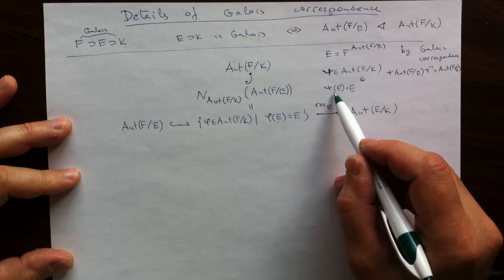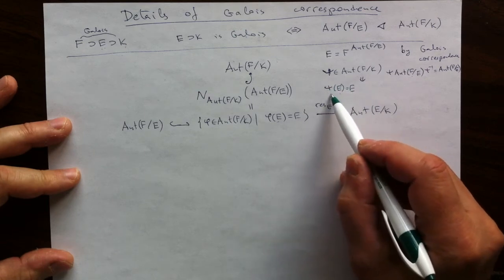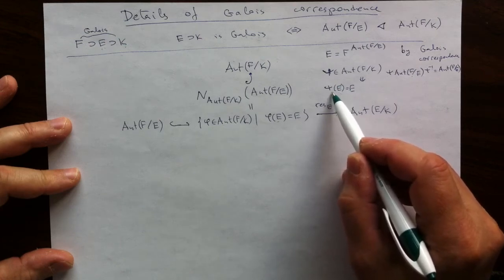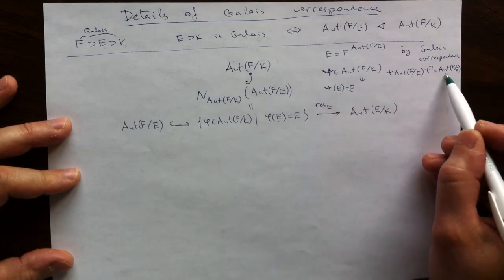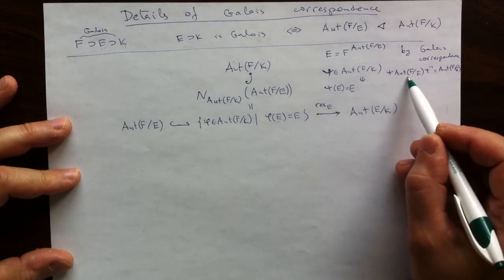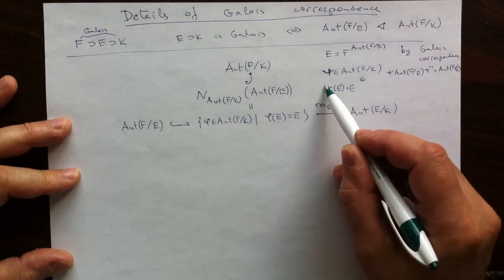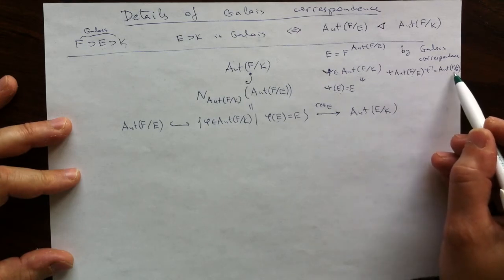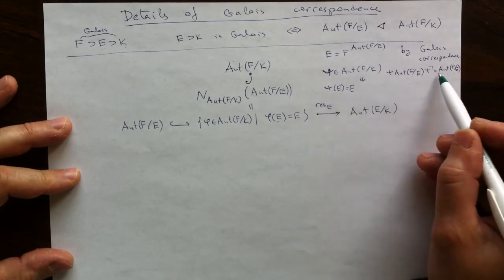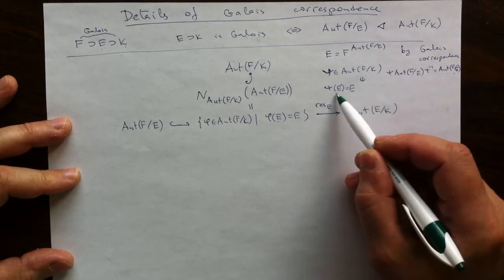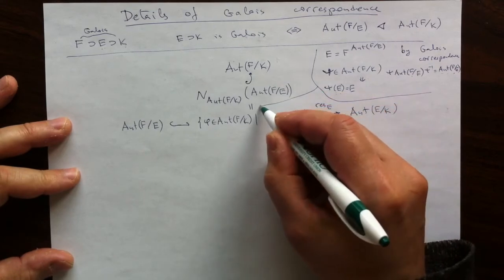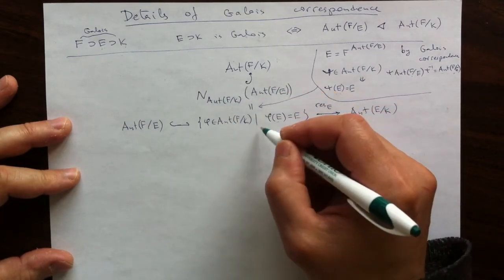If you apply it to any element of this conjugate subfield, you will still be sitting in the conjugate subfield. So any element of this group, which is the same as this conjugate, will stabilize this field. But we know what stabilizes E, just this group. And so we are seeing that any element which stabilizes E stabilizes this. So they must be the same. All this is to argue that this is sitting inside.